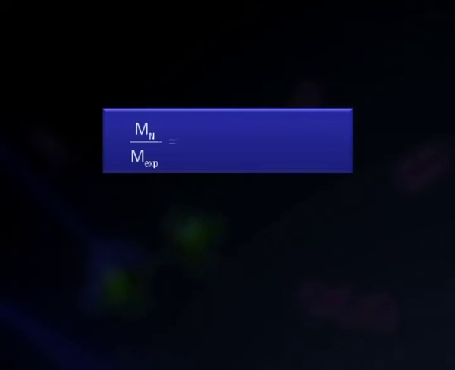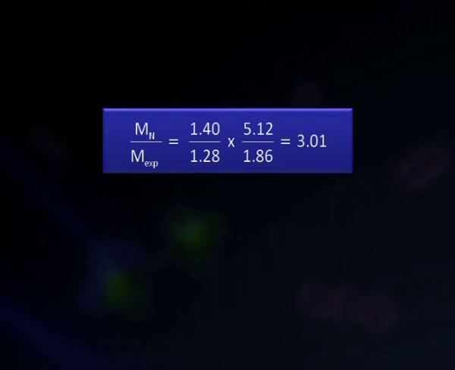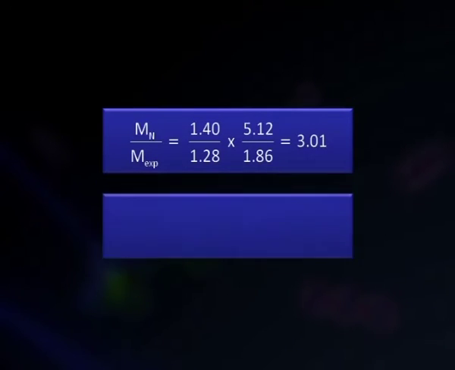Equating equations 1 and 2, we will get normal molecular mass upon experimental molecular mass equal to 3.01, that is i equal to 3.01, which can approximately be taken as equal to 3.